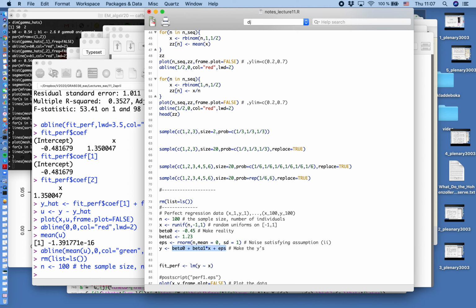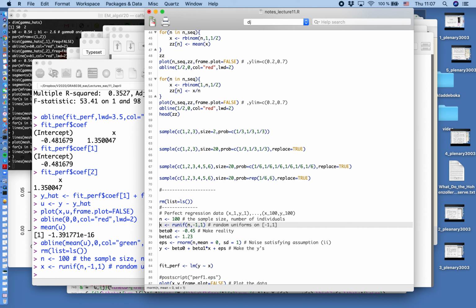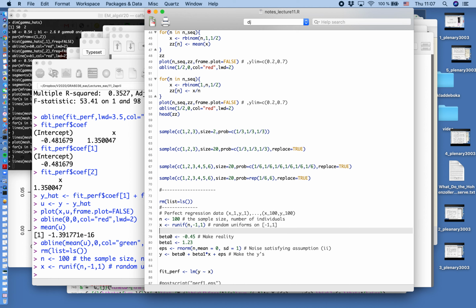To do this, we have to set some values. First I start out by making a covariate or independent variable, the x. Here I just draw x's with the same probability on the interval from -1 to 1. You could do this in other ways, because these x's don't really have to be random. You could fix them.